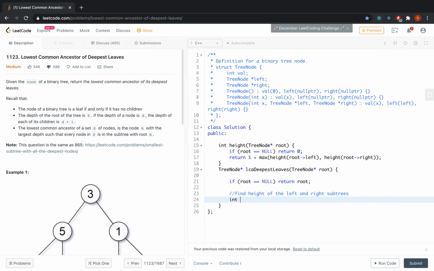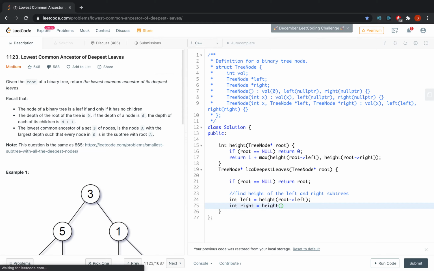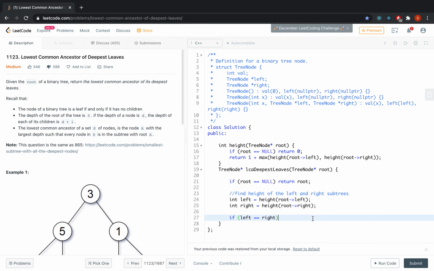So let's call this one left is equal to the height of root left, and let's call the other one right is equal to the height of root right. Now if left is equal to right, that means that you basically have a common ancestor of the deepest nodes, so you return that current node. So you return root.